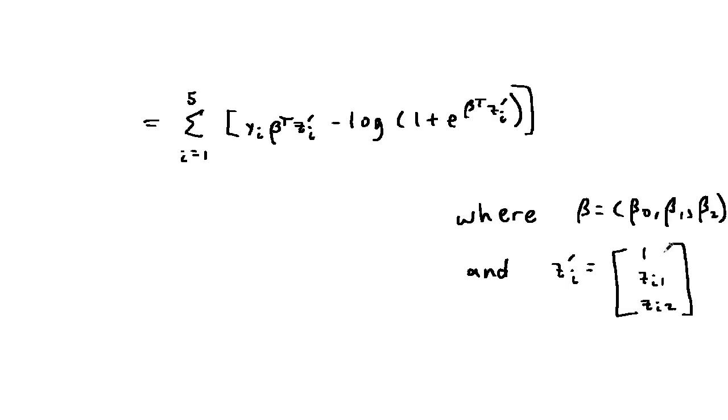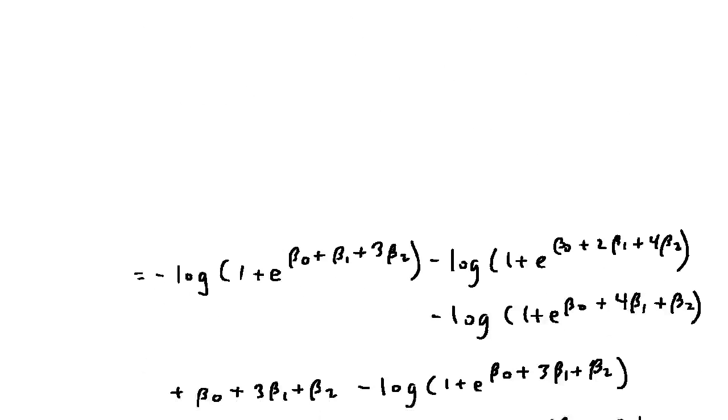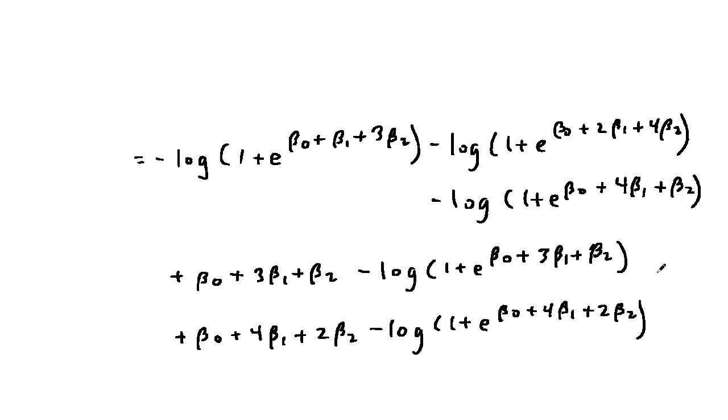Zi prime is the column vector 1, Zi1, Zi2. Okay, so we have our data points. So we have the values for the Zi prime. So just plugging that in here, for each of the 5 data points, we get this.